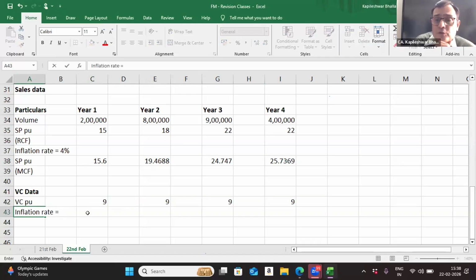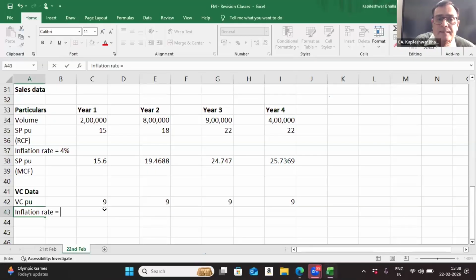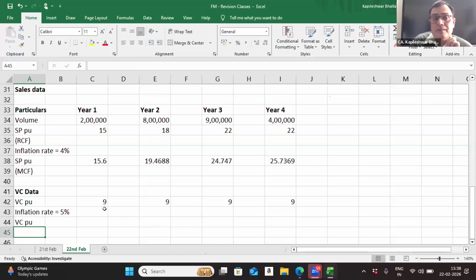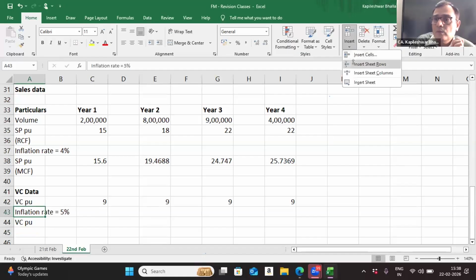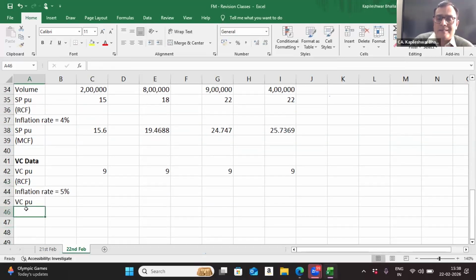The inflation rate for the variable cost is defined, and that's at the rate of 5%. Now I think it's going to be a little simpler. We need to organize this. Let me leave a space. We just make a mention that this is RCF terms, and then we organize this in MCF terms as well.